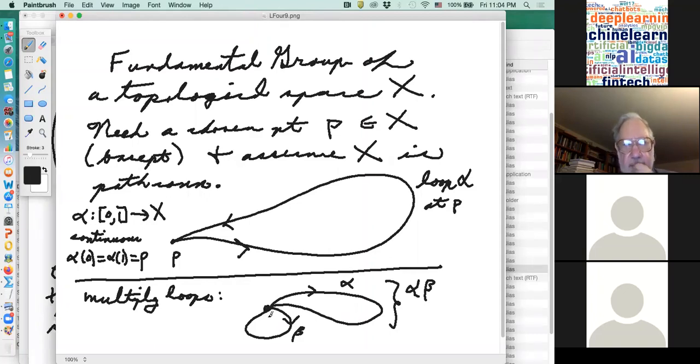All right? And then I'm going to tell you that two loops are equivalent if you can deform one into another, but I have to say this on my slide, don't I? Then we're going to make a group out of it by having it happen that the relationship that I define makes these invertible.